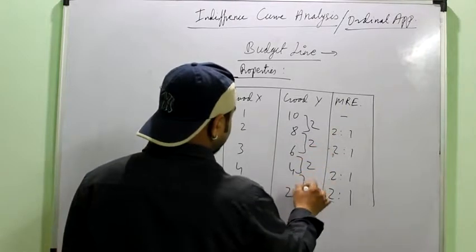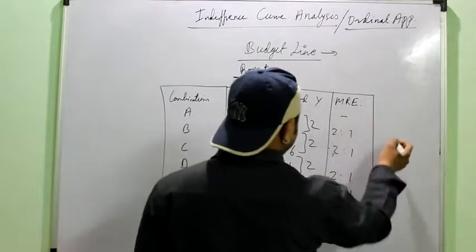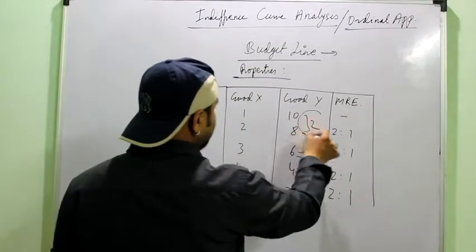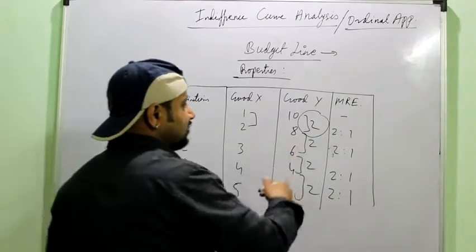Suppose I am doing it, constantly reducing it by 2. And it simply means that the MRE is 2:1, means 2 units of the good is required to gain 1 unit of the other good, right? Means the ratio of the price is 2:1.